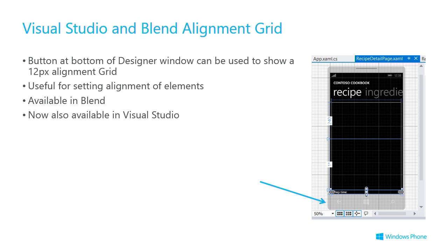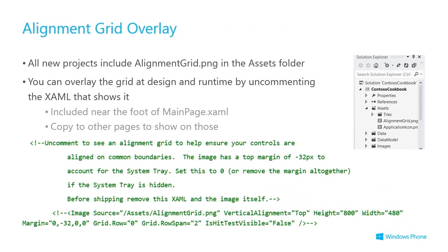Now there's help with this. So the alignment grid is crucially important. We've actually always had this alignment grid you could turn on at the bottom of the designer window, which was always available in Blend, and you could turn that on in Visual Studio now as well. But actually the best way of doing this is that whenever you create any new project in Visual Studio using the project templates, at the foot of the main page.xaml, if you go and look, there's some commented out XAML down there, which is this image source equals assets alignment grid.png. So that is made available.